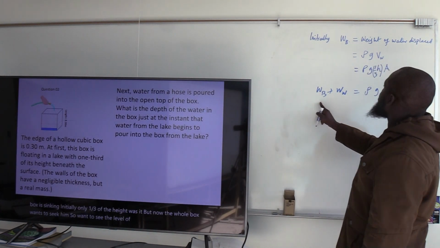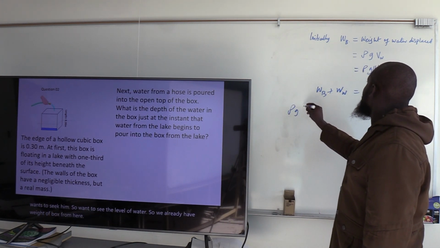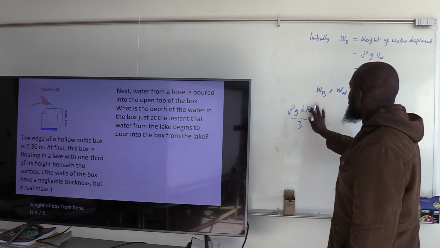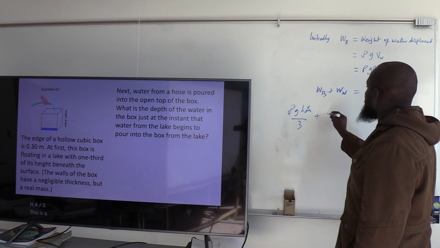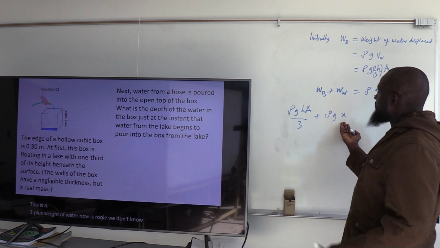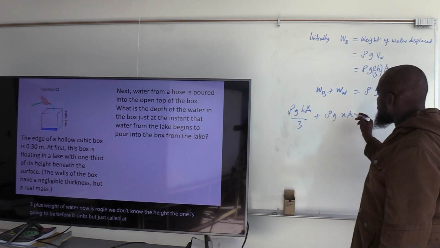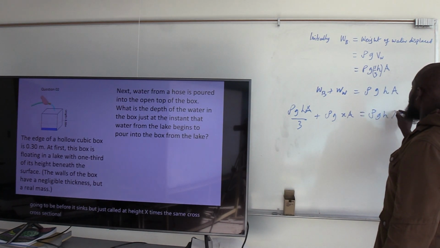So we already have weight of box from here, rho g h a over 3, plus weight of water, which is rho g times the height of the water, which we don't know and will call x, times the same cross-sectional area, equals rho g h a.